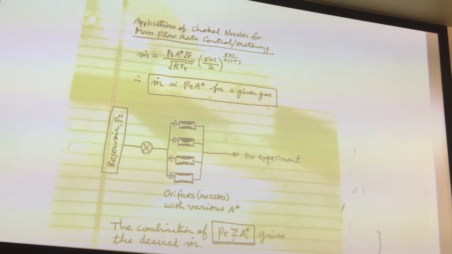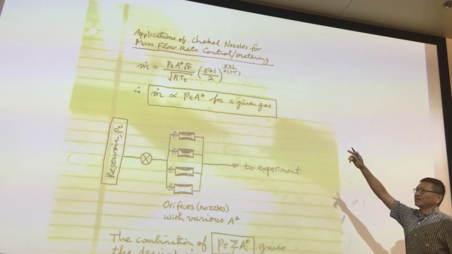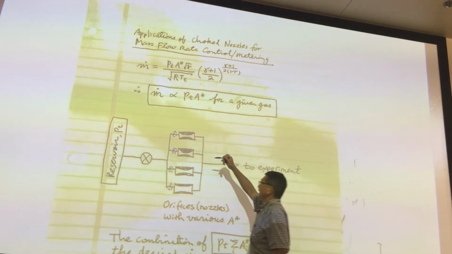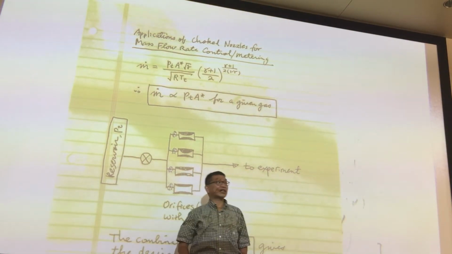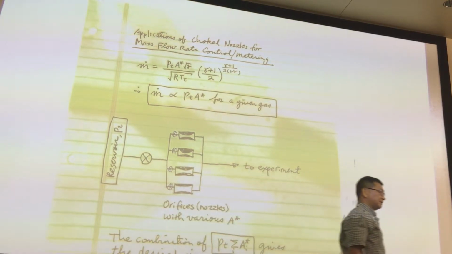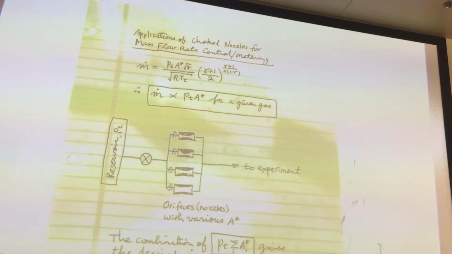Then by adding up the A star, which means the A flow here, for each one is different, you can have a different mass flow rate. Make sense to you? Because it's all choked, so each nozzle has its own flow rate.